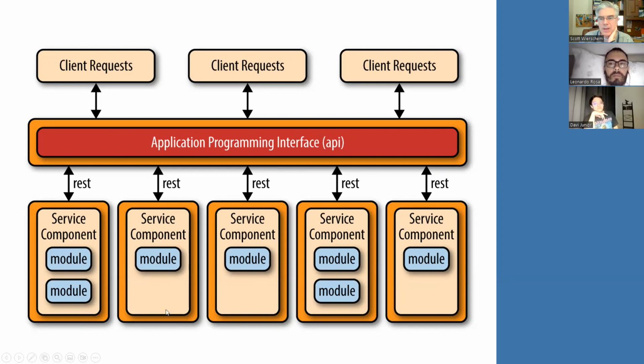Each service component has one or more modules that handle a single function or an independent part of a larger application. So determining how granular that service component needs to be is the hardest part of implementing this kind of architecture, and it's also an important part of knowing how to do it properly.